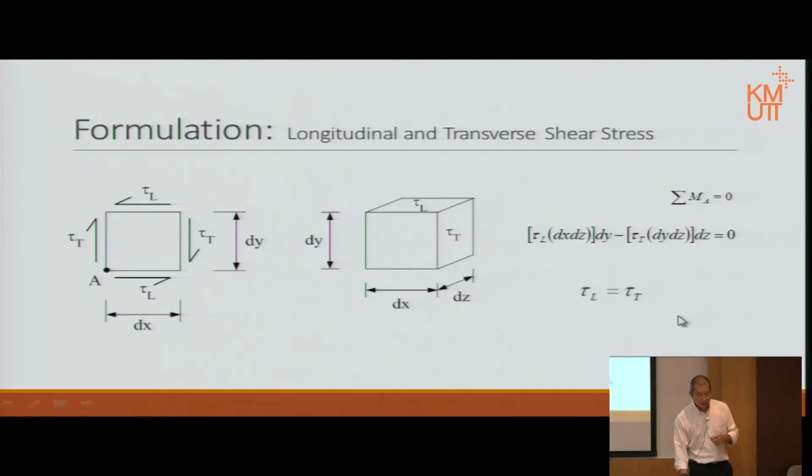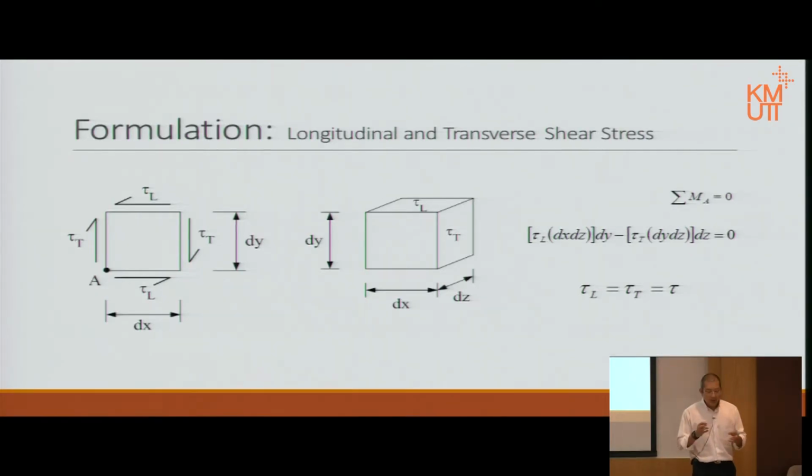And therefore, when we do this, it becomes equal, because that dx should be cancelled out with dx, and dy with dy, dz with, of course, dz. Then the transverse shear stress and the longitudinal shear stress are equal. Therefore, we're going to use only the shear stress tau.